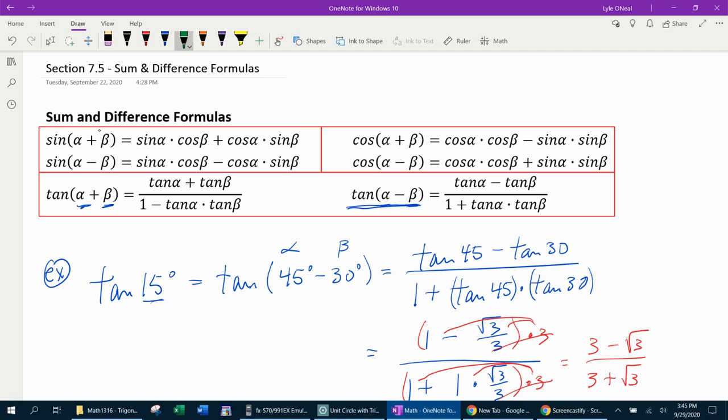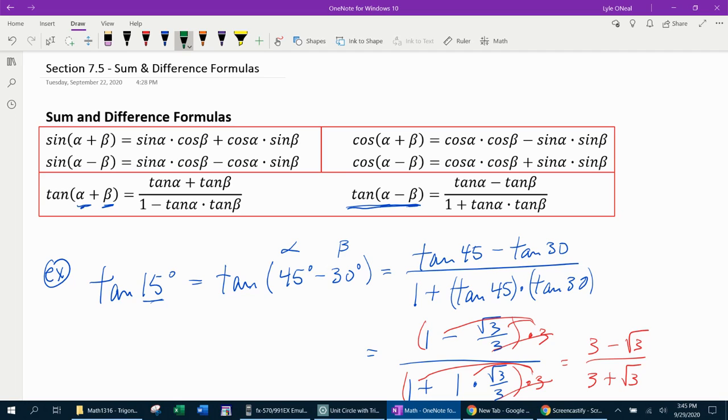So sine of alpha plus beta, that's going to be sine alpha cosine beta plus, notice for the sine sum and difference, the signs are the same. So if it's alpha plus beta, you're still going to have a plus. If it's alpha minus beta, you're still going to have a minus. The cosine sum and difference are opposite. So if you have a plus, you get a minus. If you have a minus, you get a plus.